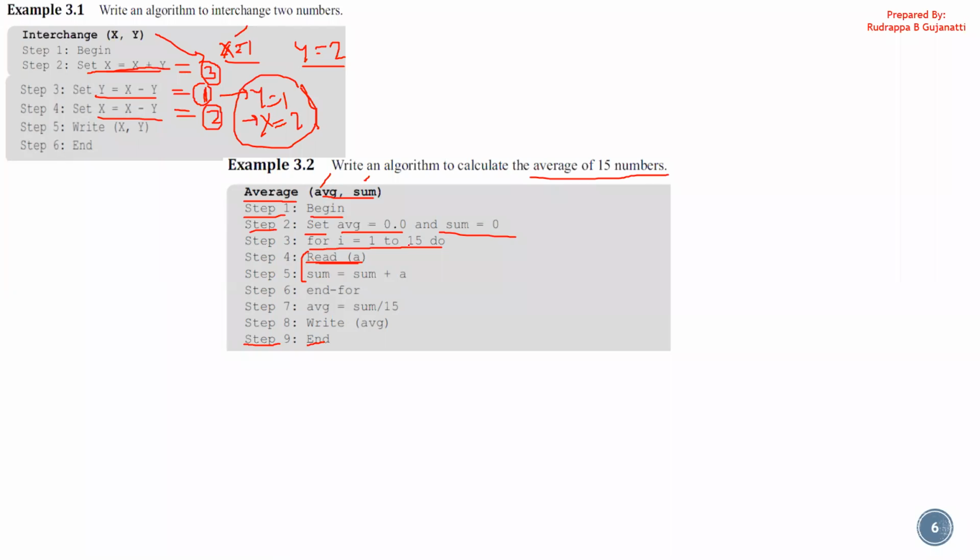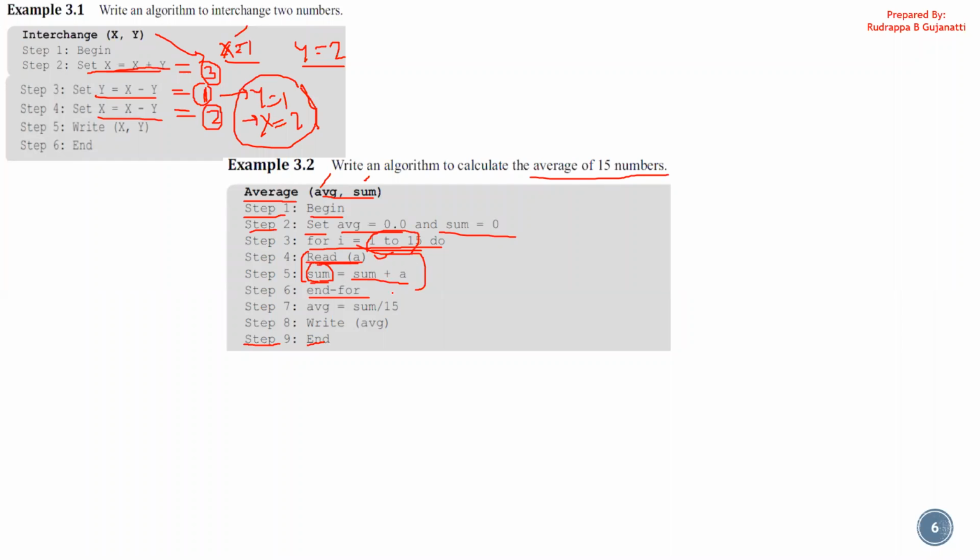So here, for I is equal to 1 to 15, for I in this range, you're reading all the 15 elements. Once you're reading all the 15 elements, you are adding the elements one by one and storing it in the sum value. And this is the end for. So this part is executed until I becomes 15.